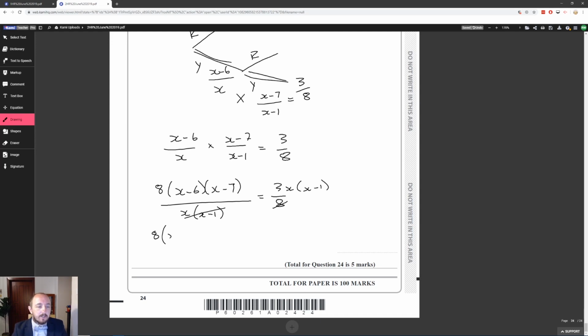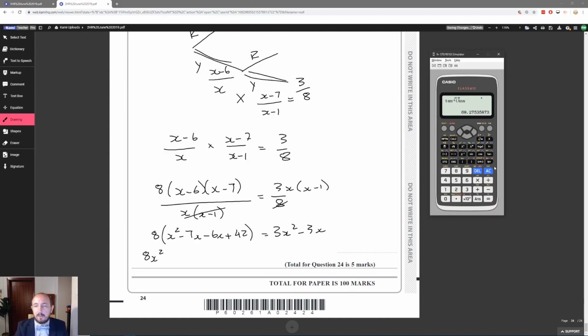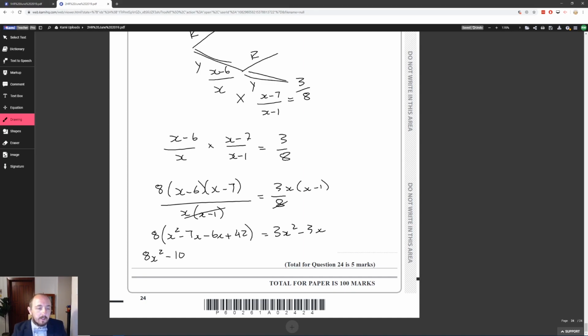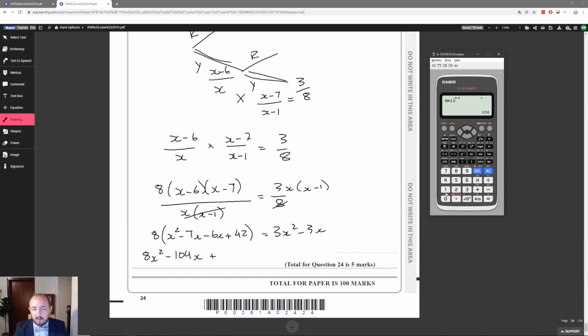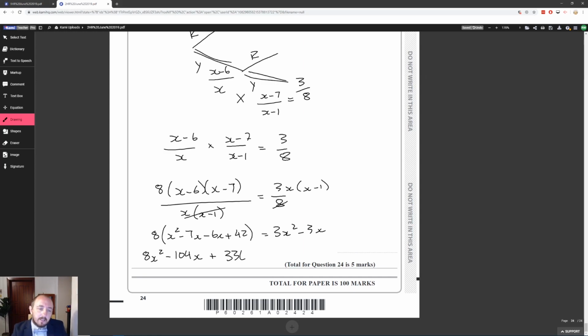So we have 8 lots of x squared minus 7x minus 6x plus 42 is equal to 3x squared minus 3x when I multiply everything out. 8x squared, and then 8 times 13 is 104, so minus 104x plus 8 lots of 42, is that 336? 8 times 42, yeah, 336.